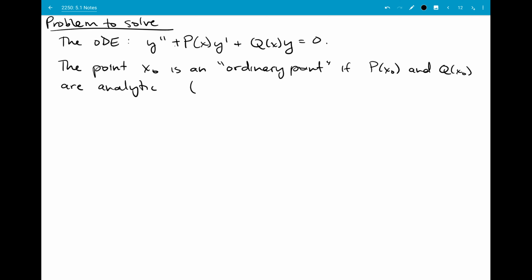So for you, that's just going to mean make sure it doesn't divide by 0, and all those other things that break functions. Just check those conditions.